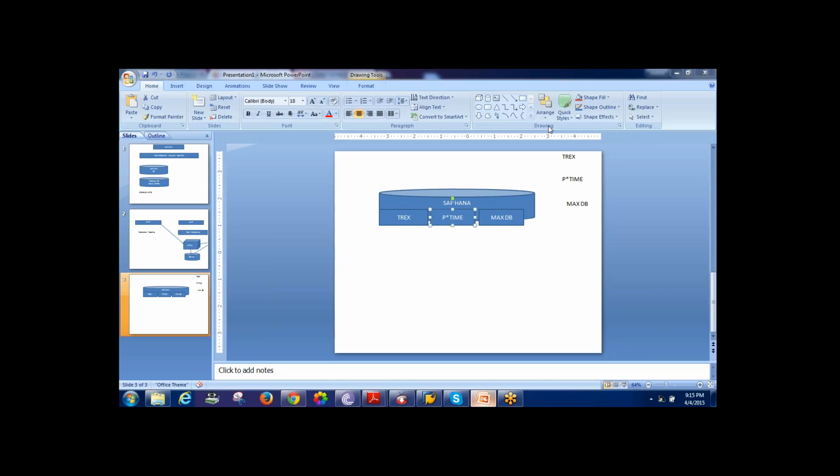Up to SAP HANA SP07, you can install your SAP HANA database only on SUSE Linux, and from SP08 you can install it on both operating systems.